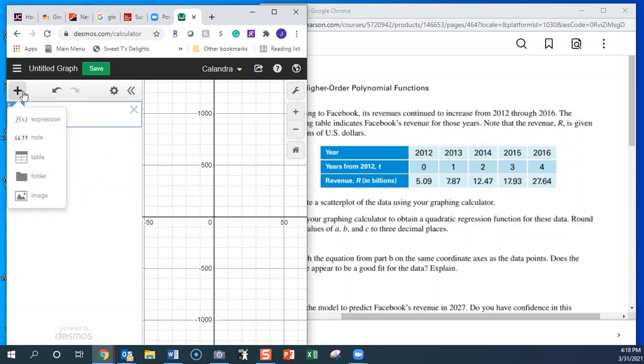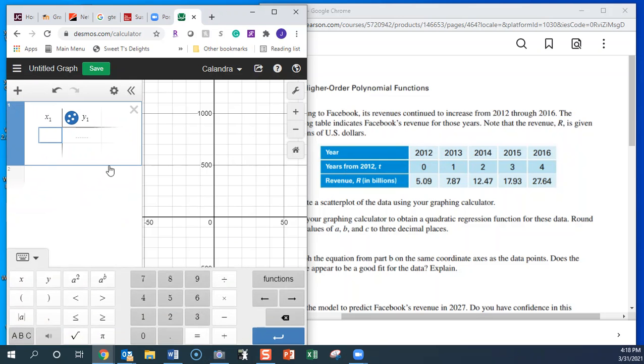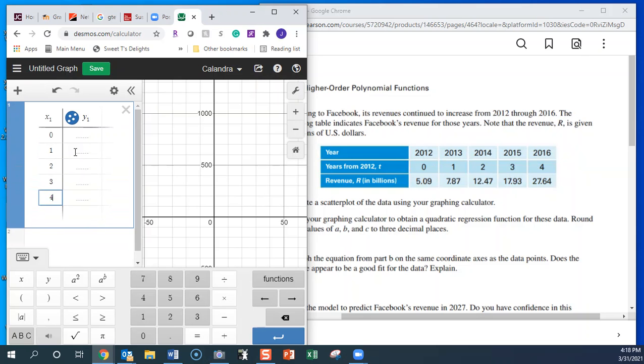Let's create a table. And they give us years since 2012. So we'll type in these values for X and these values here for Y. So we have 0, 1, 2, 3, and 4. We don't need 5.